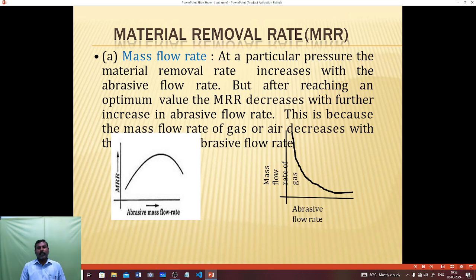Regarding mass flow rate, at a particular pressure the material removal rate increases with the abrasive flow rate, but after reaching an optimum value the metal removal rate decreases with further increase in abrasive flow rate. This is because the mass flow rate of gas or air decreases with the abrasive flow rate.